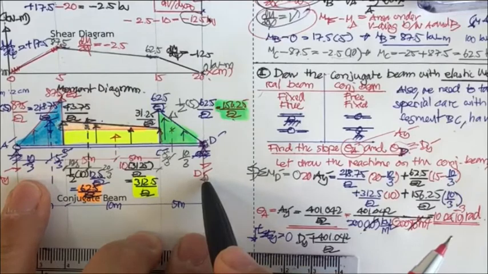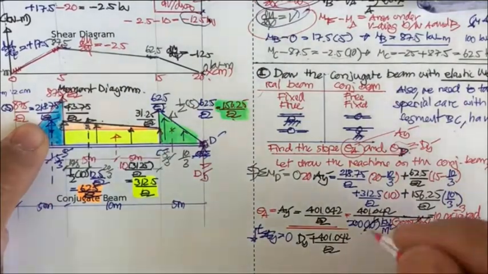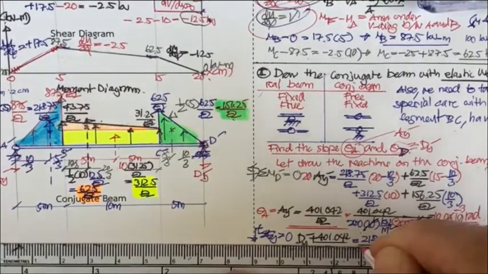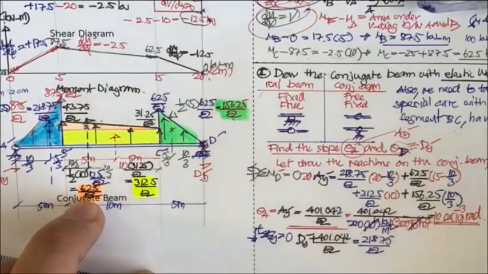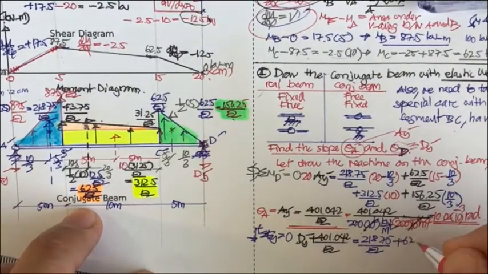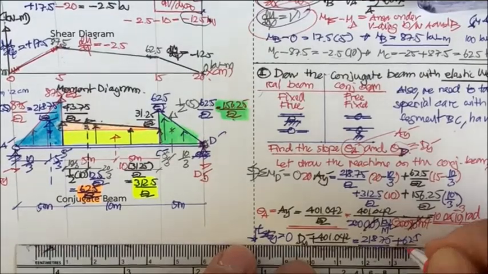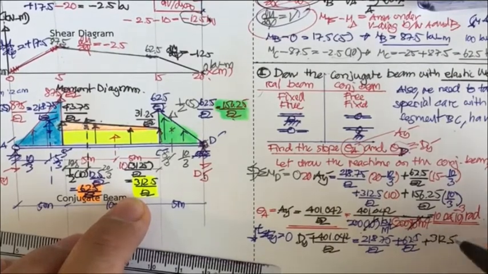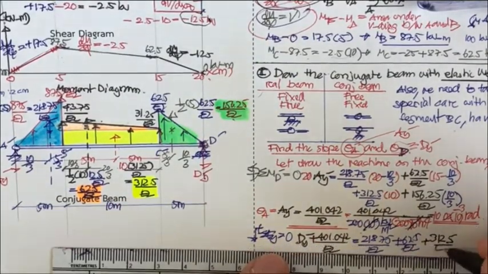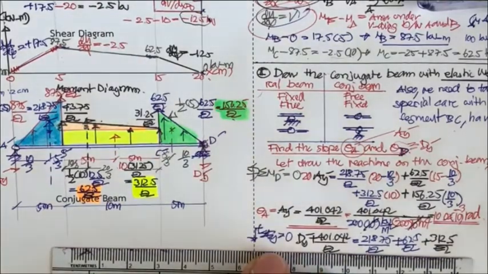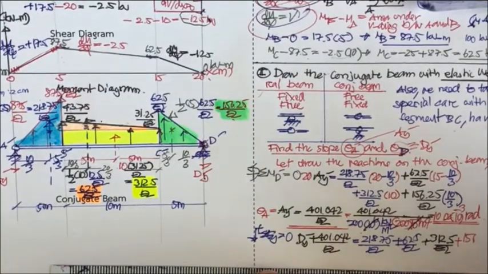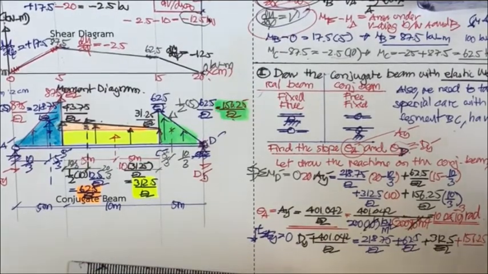So 2 of this downward, and this one equal to 218.75 divided by EI. And you also have this plus 62.5 divided by EI. And this one plus 312.5 divided by EI. And the last one you have this plus 156.25 divided by EI.